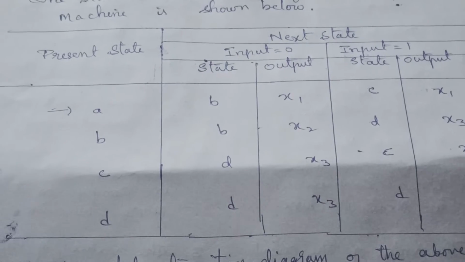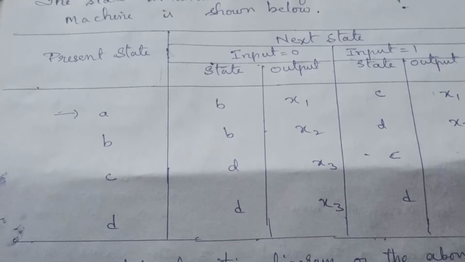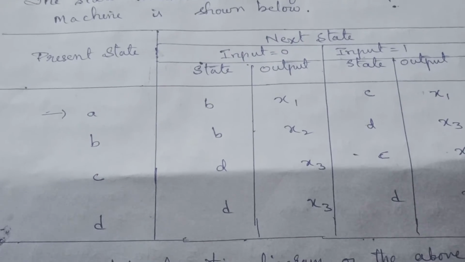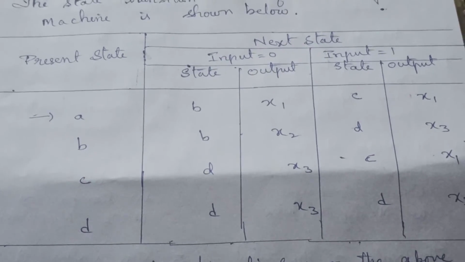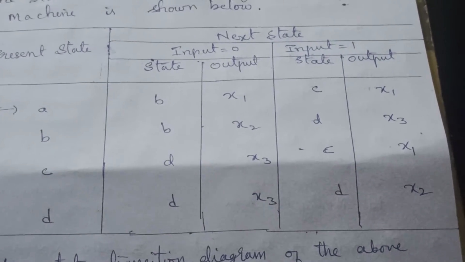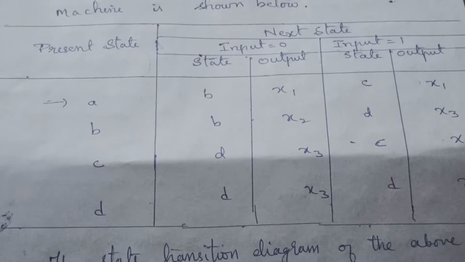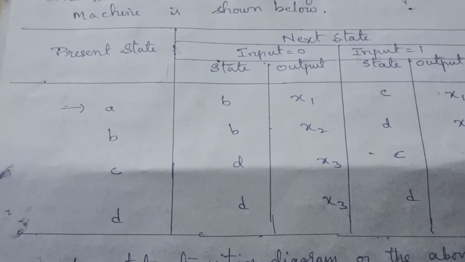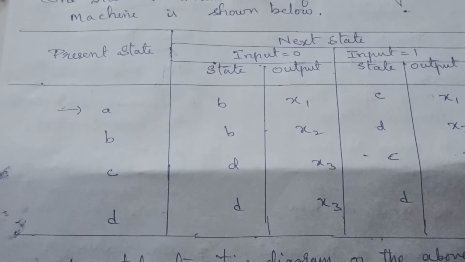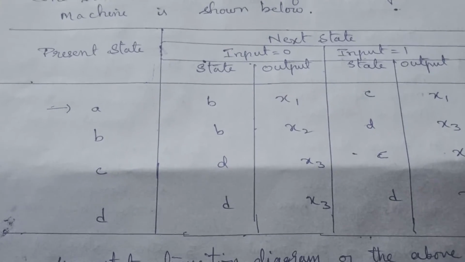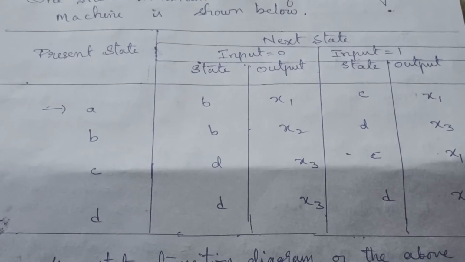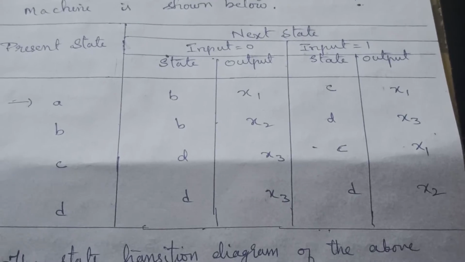Now if you take this state as B, on input 0 it is remaining in state B only, and the output is x2, and on input 1 it is changing to state D and output is x3. Okay, and then the state C, input is 0, it is changing to D and the output is x3, and on input 1 the state is remaining in C and output is x1.